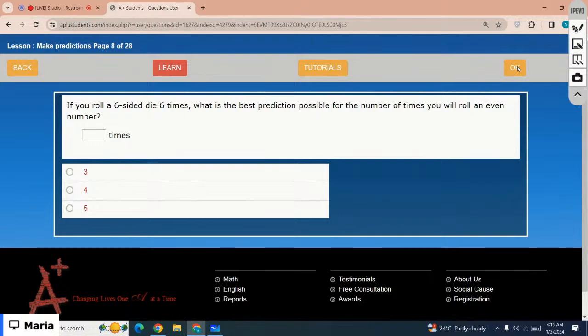If you roll a six-sided die 6 times, what is the best prediction possible?